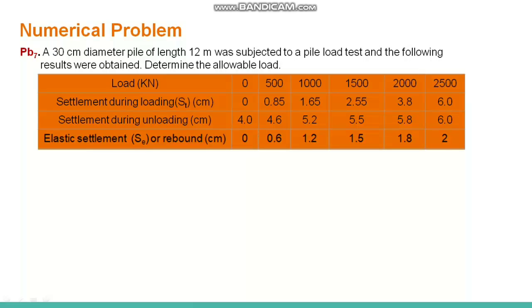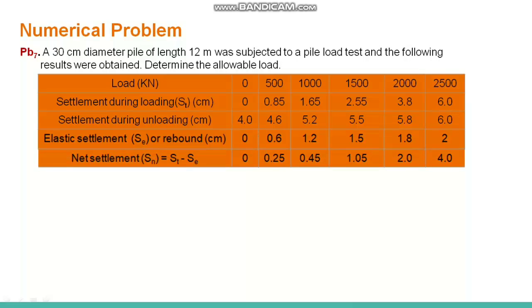Now we have the rebound, which means we have the elastic settlement. By using the relation gross settlement minus elastic settlement, we can get the net settlement. So in the next row, we can fill in the net settlement, that is ST minus SE.